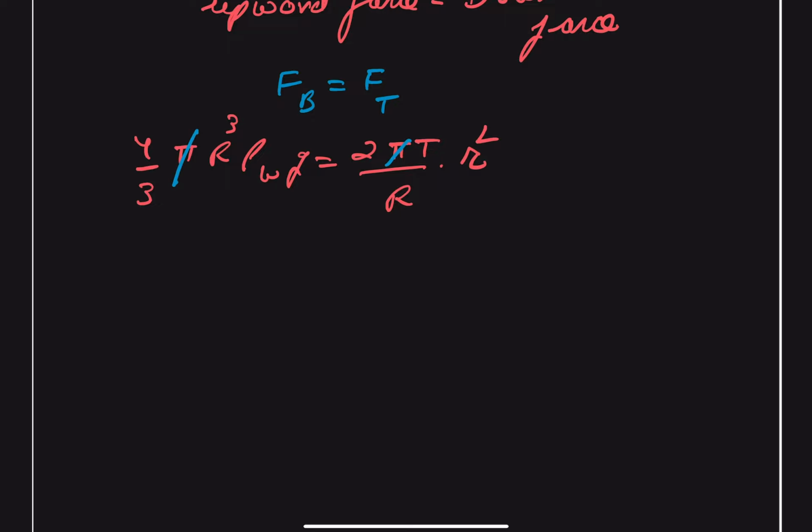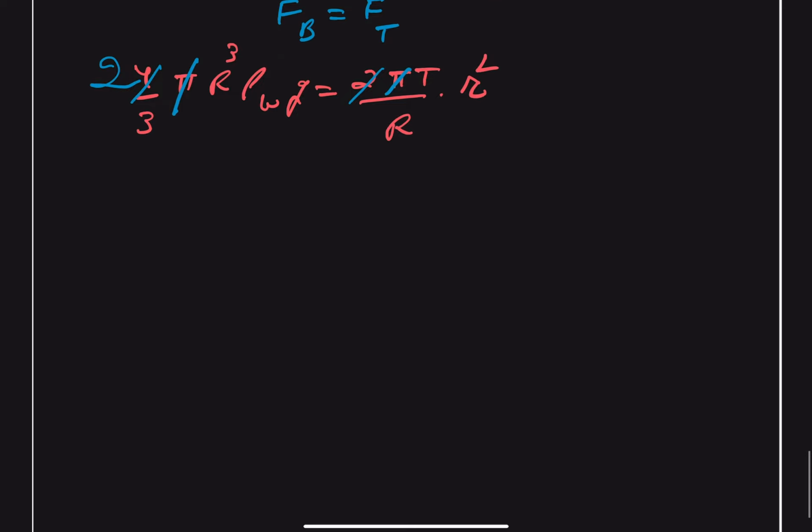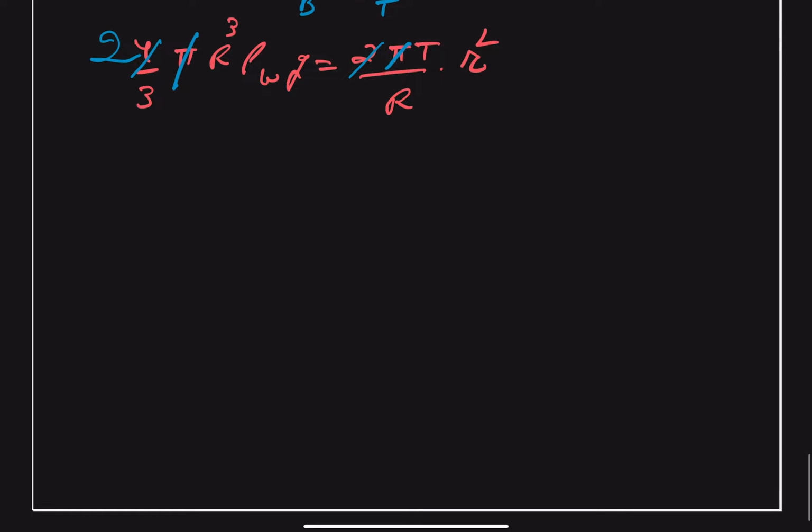Pi goes with pi, this 2 cancels with 2. So we get that our small r square will be equal to 2 by 3, and this becomes R4, density of the water multiplied by g.